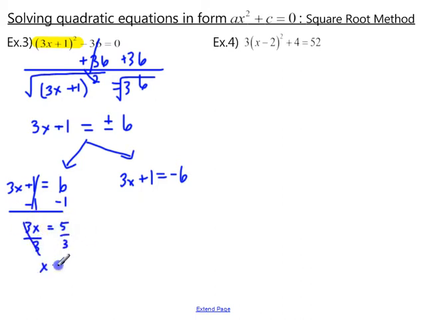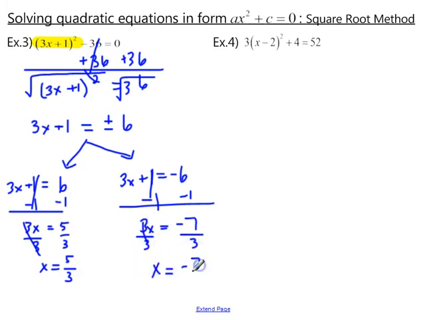So we get x is equal to 5/3. There's one answer. Here, subtract 1, and then we get 3x is equal to negative 7. Divide by 3, and we get x equals negative 7/3. So these are going to be our two answers. x is equal to negative 7/3 and 5/3.